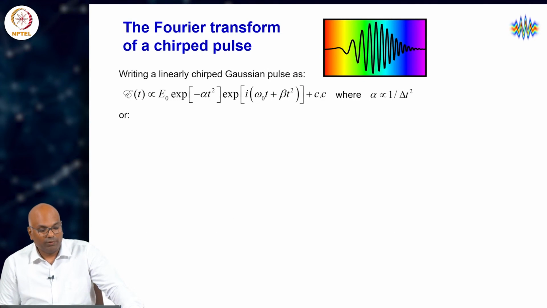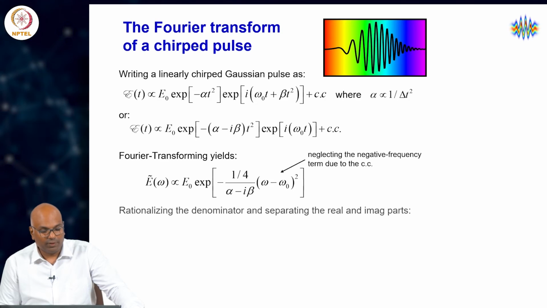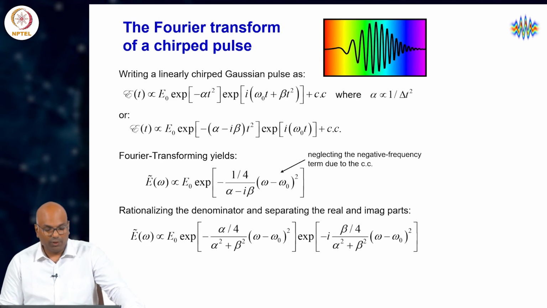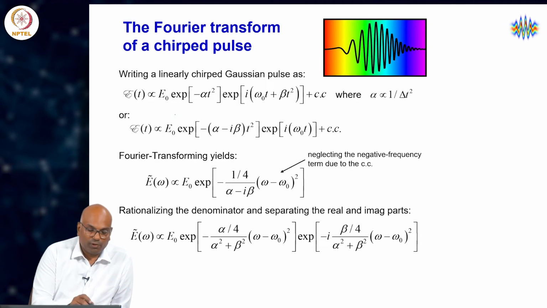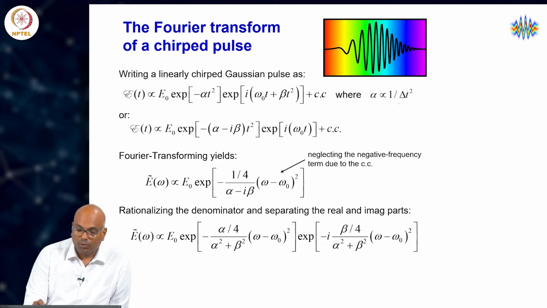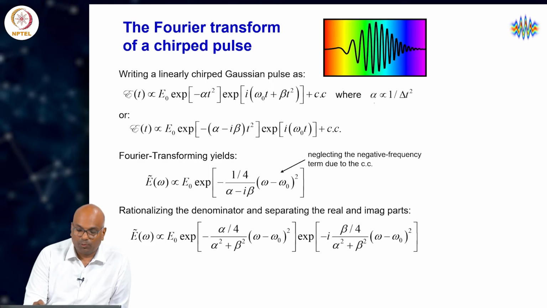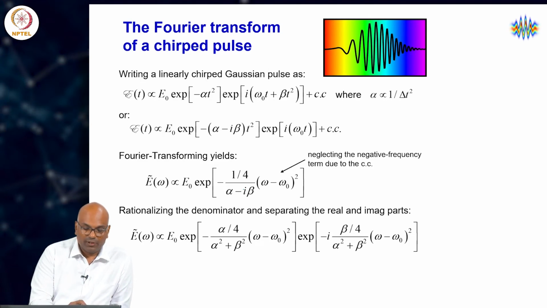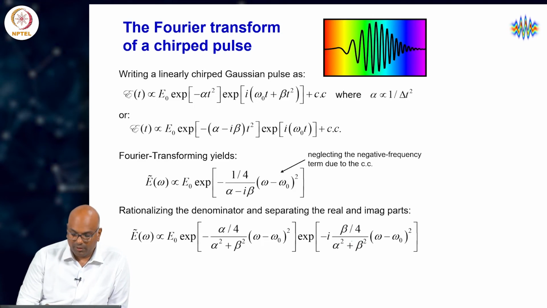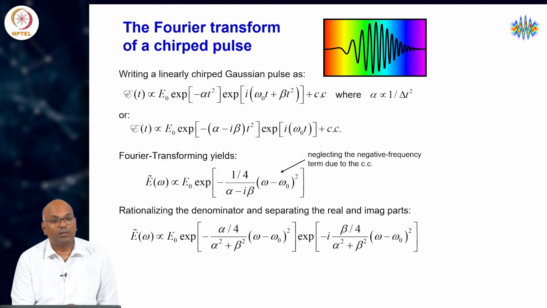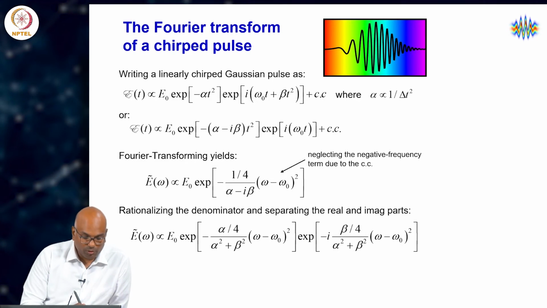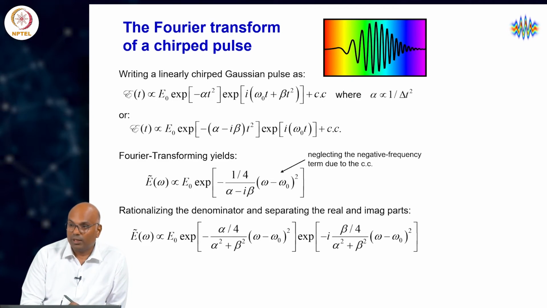Okay. Now, we looked at the Fourier transform of such a chirp pulse and realized that for a pulse with a full width at half max proportional to 1 over the square root of alpha, which has a Gaussian amplitude function, the Fourier transform also has a Gaussian in the frequency domain.